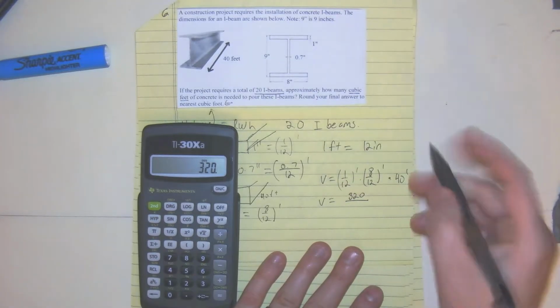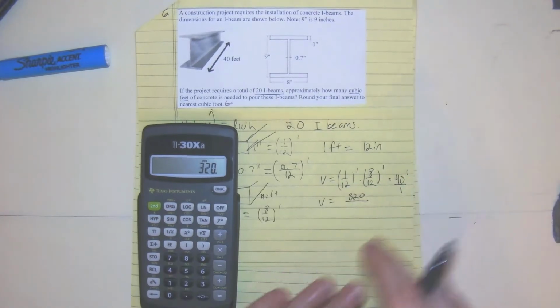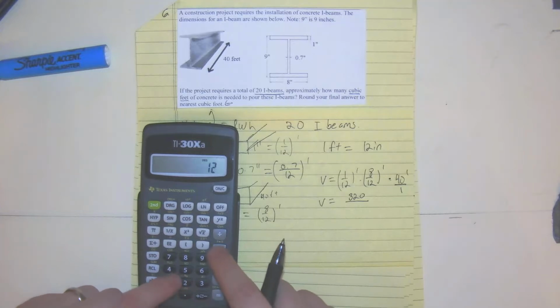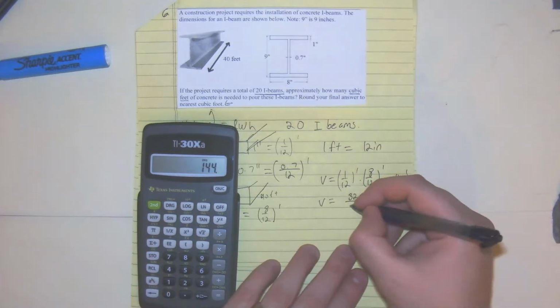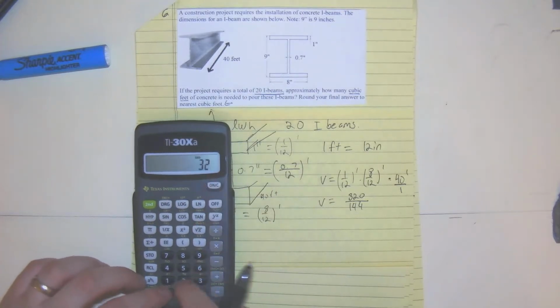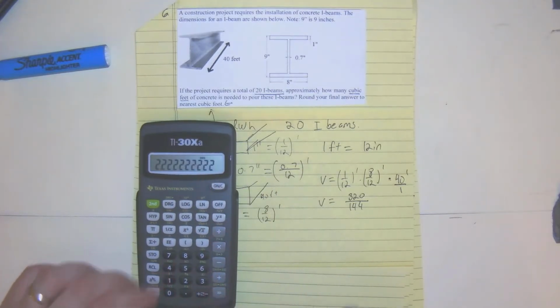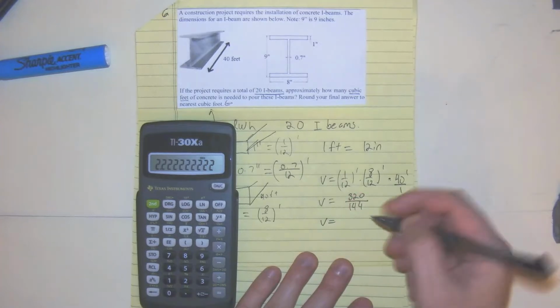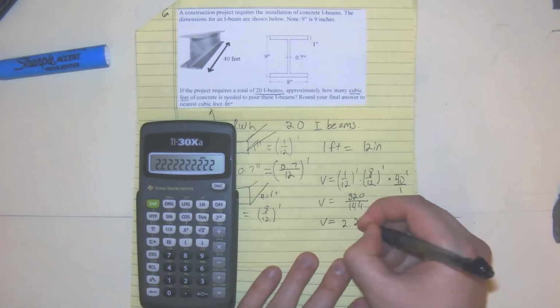Then we multiply the denominators: 12 times 12 times 1, you get 144. 320 divided by 144 gets you 2.2. So the volume here would be 2.2 dot dot dot.